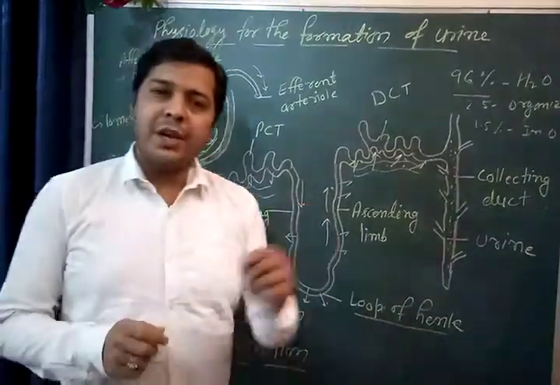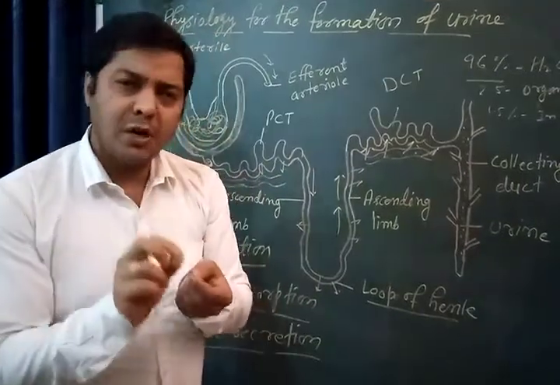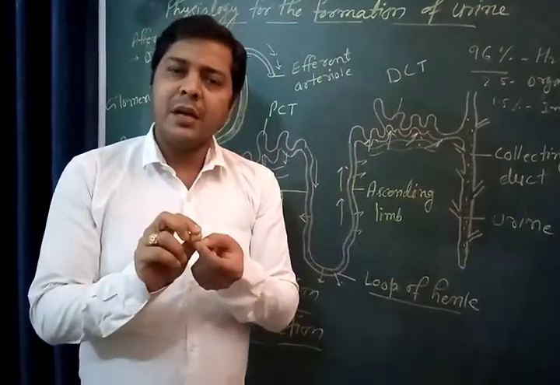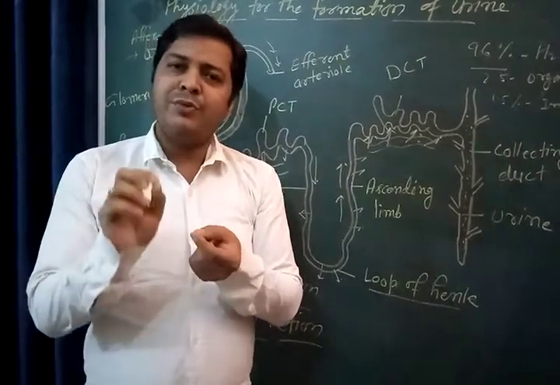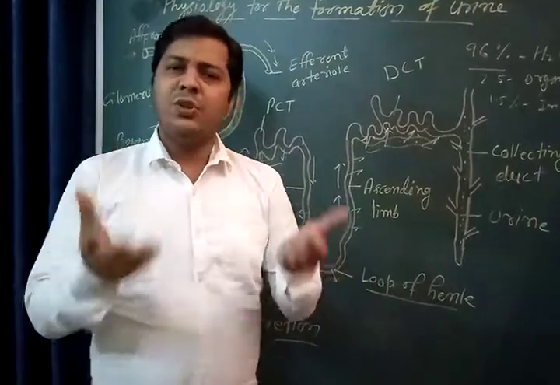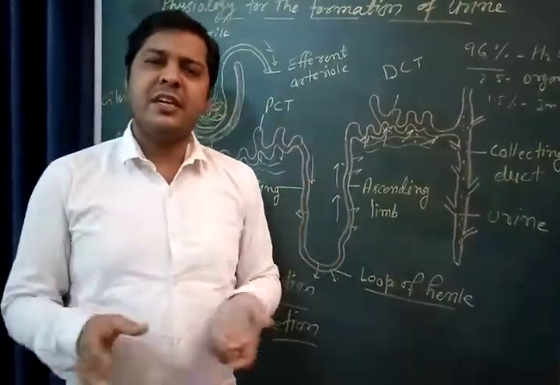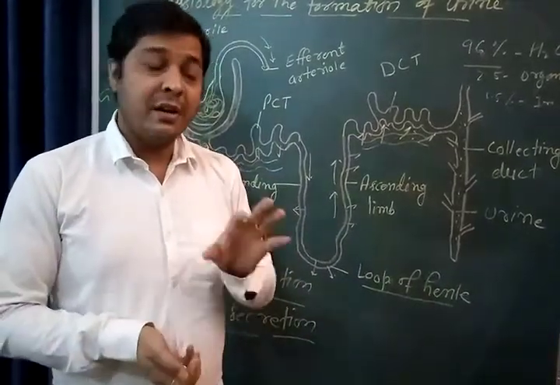So I want to say 95 to 96% water is available in urine, 2.5% organic substances are present, and 1.5% inorganic substances are present. We say including urea, uric acid, hippuric acid, creatinine, phosphate, sulfate, and so many things are available.